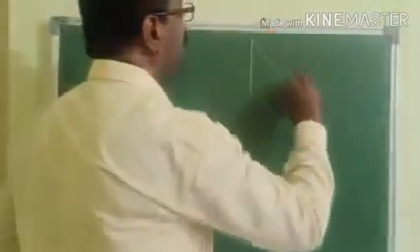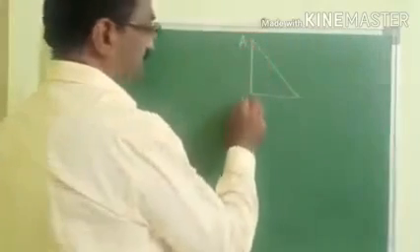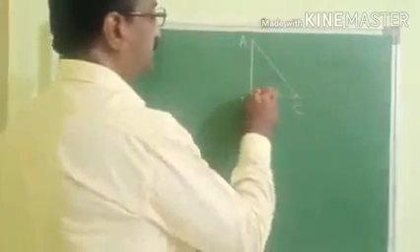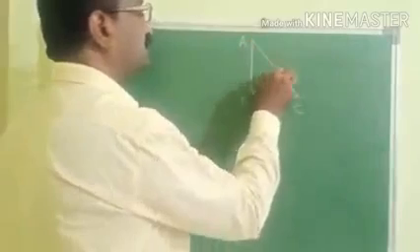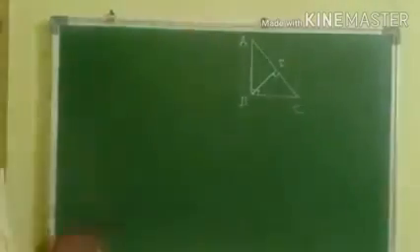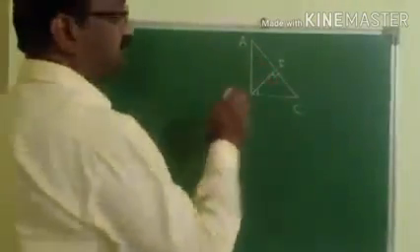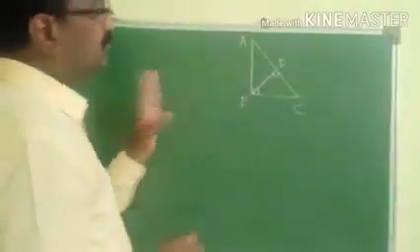Also, we will have to remember the similarity in right angle triangles. What is that similarity? If we have the right angle triangle ABC and an altitude drawn to the hypotenuse, that means BD is perpendicular to AC, then these two triangles are similar to each other and they are similar to the original triangle.